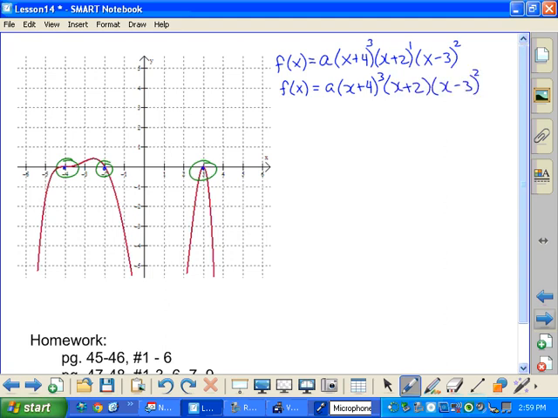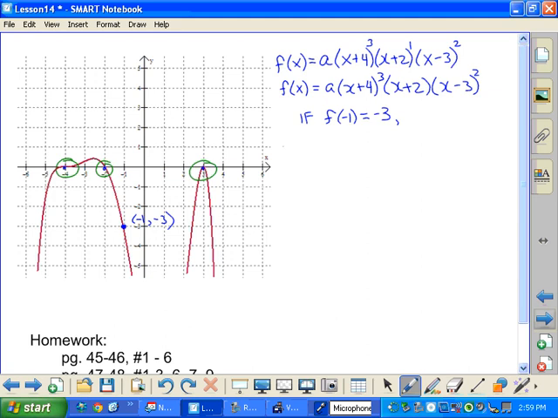Next, we need to find a point. So, again, this is the tricky part because you're looking for something that's pretty close. And like I said, I'm looking for the process. So if it's not the exact point, I'm still going to be quite happy. So I'm going to say (-1, -3) looks fairly close. So if f of -1 equals -3, and quite honestly, if you can find a y-intercept, that one's the best.